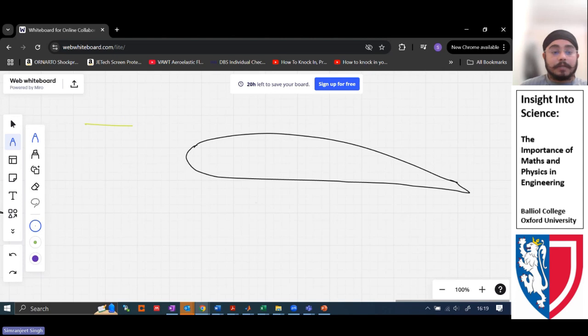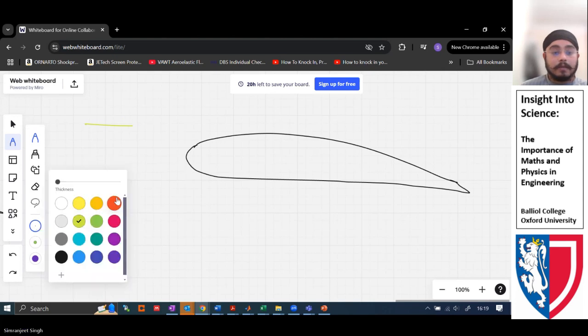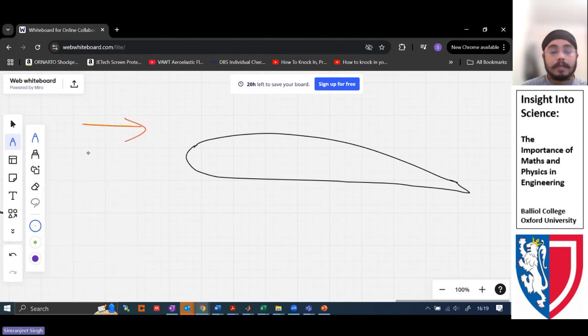Oops, let me change the pen again. Let's suppose this is the free stream velocity that we are coming across. Let me just focus on one layer of air that hits at this point.